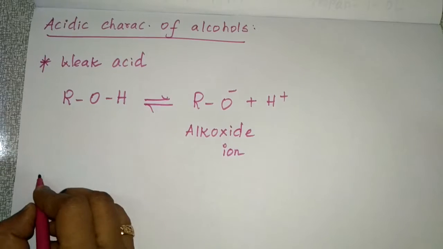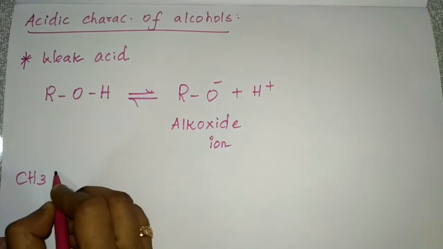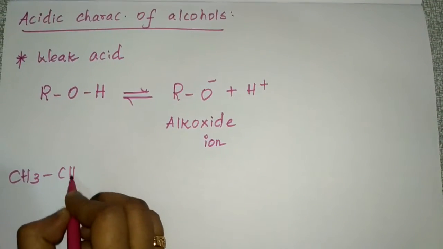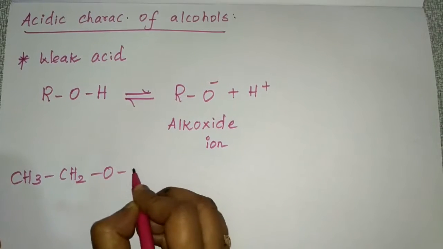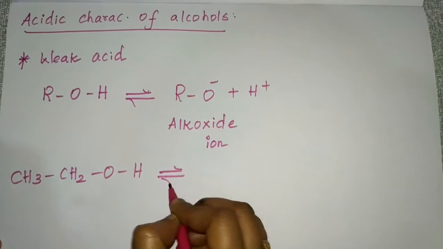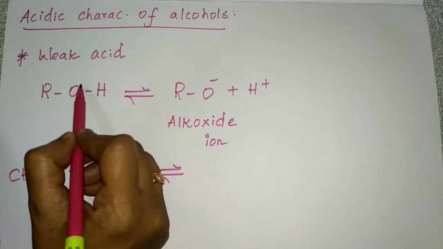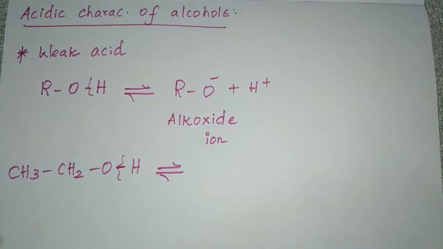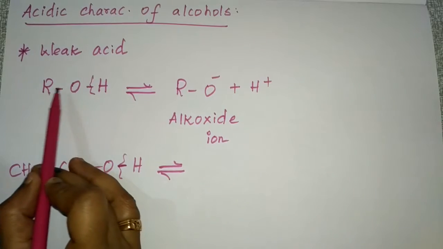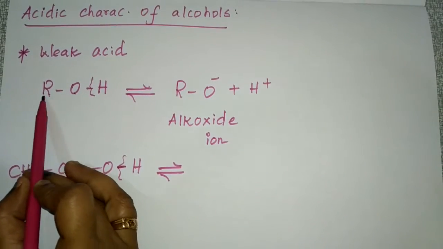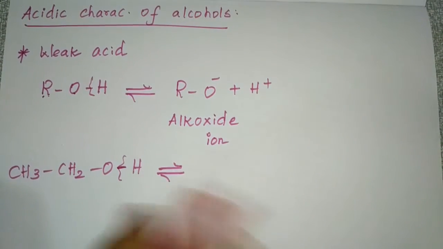Suppose, for example, we take ethanol, CH3CH2OH. Here also the bond is cleaved between oxygen and hydrogen only, but the bond between C and O, that is R and O, will remain the same.